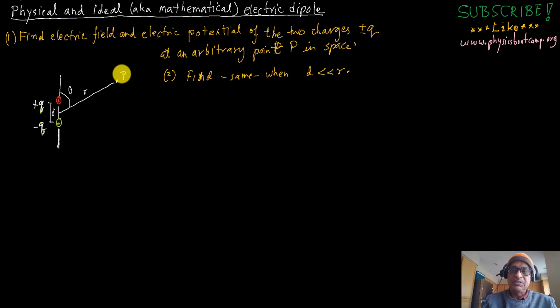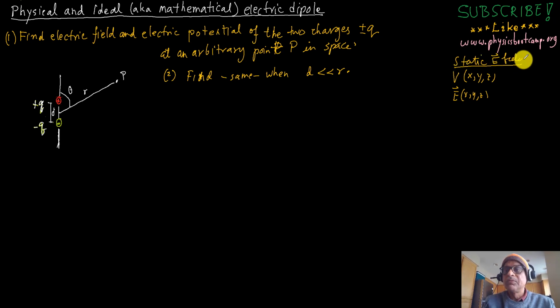So the first thing to notice is finding the electric potential. If I know V at an arbitrary point x, y, z, then E at x, y, z, so we're talking about a static E field. A static situation, charges are not moving, so static charges.